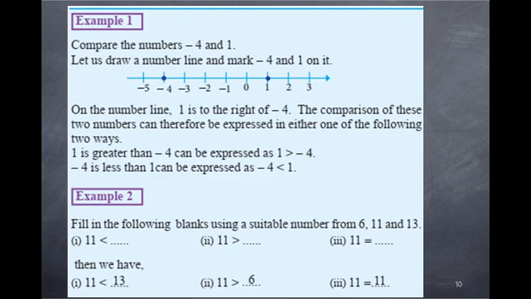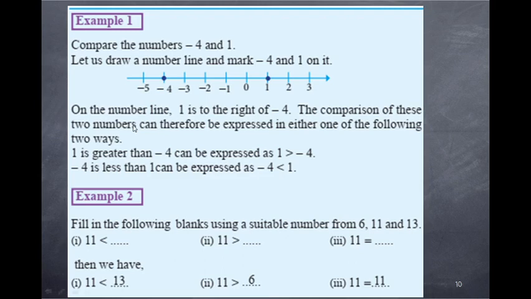So here's another example. Compare the numbers minus 4 and 1. You need to compare minus 4 and 1. Which is greater, which is less than, which is the smaller number? You know that the numbers to the left of 0 are all minus numbers, and those are smaller than the positive numbers.